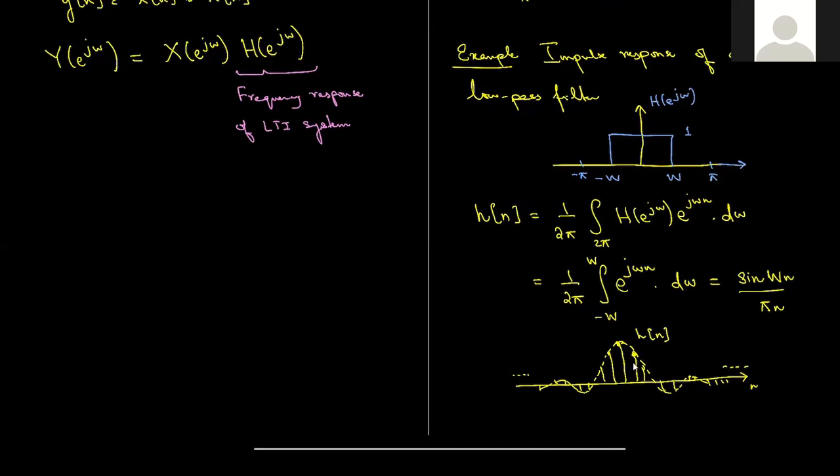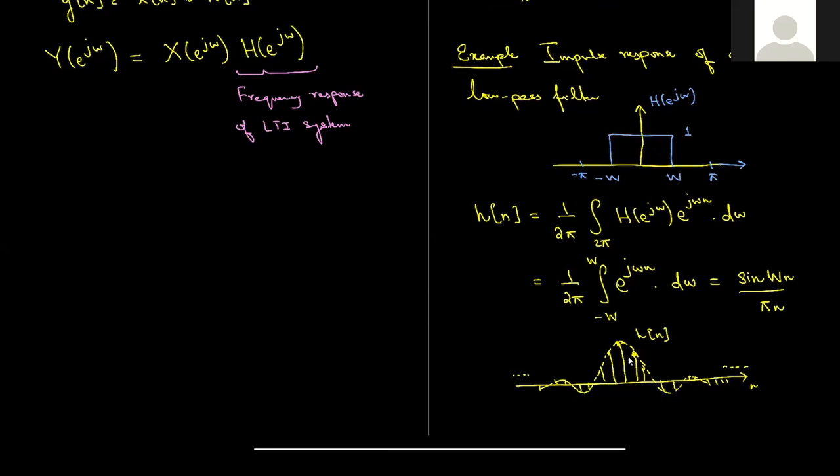Okay, Jamshed says is this a modulation property? This is not the modulation property. This is very different from the modulation property. You can think of this as a dual of the modulation. So in modulation, if we multiply two signals in the time domain, what happens in the frequency domain is convolution.